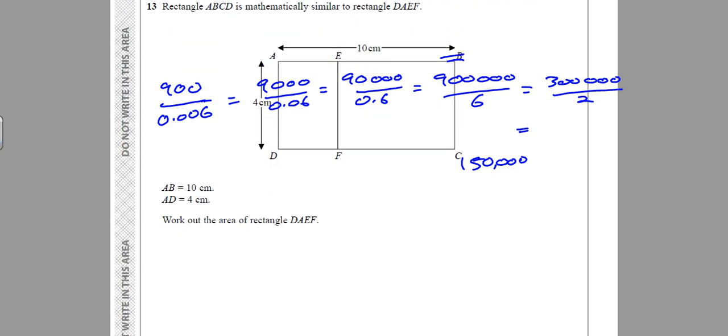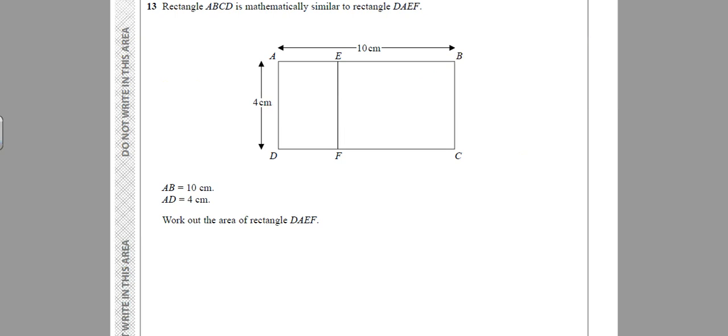Okay, the final question for this video is we've got rectangle ABCD is mathematically similar. So therefore, mathematically similar means that it's an enlargement. So what I'm going to do is draw out the smaller one and draw out the larger one.